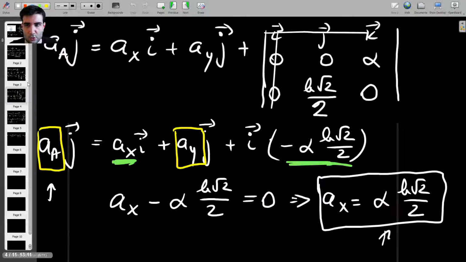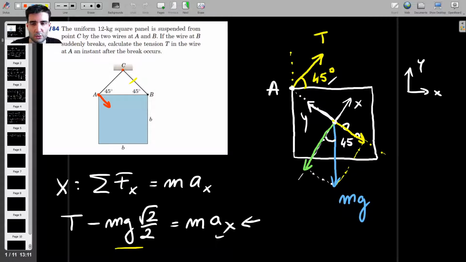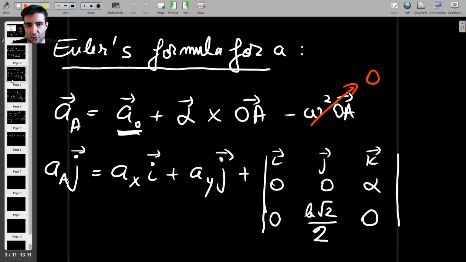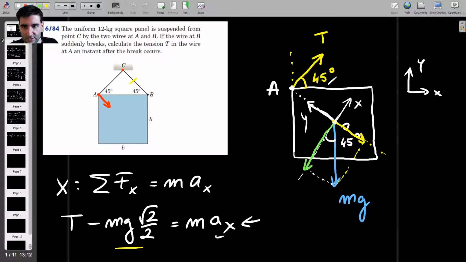So what we did was we applied Newton's second law along the x and the y directions. Then we did the same thing for rotation. And then we used this relationship, which connected the accelerations of points A and O, so the center of mass O, which is here, as well as point A, which is where the cable is attached.